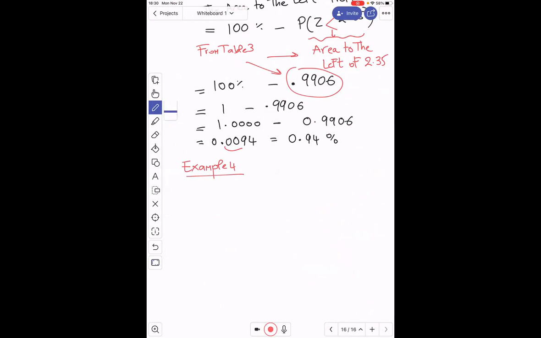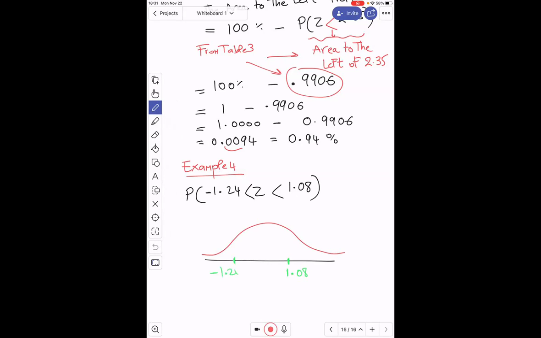Let's say I want to find the probability that my variable z is between, let's say, negative 1.24, for example, and let's say 1.08. So this probability corresponds to the area of the region. You have your standard normal distribution right here, this is positive 1.08, and this is negative 1.24.